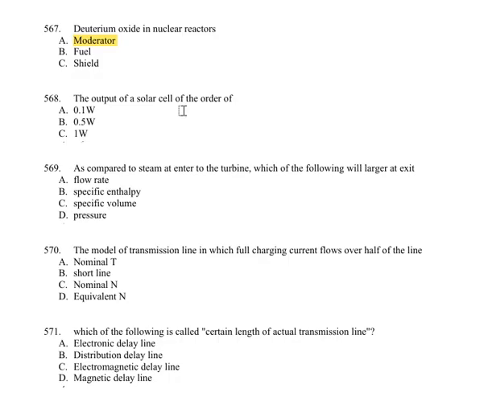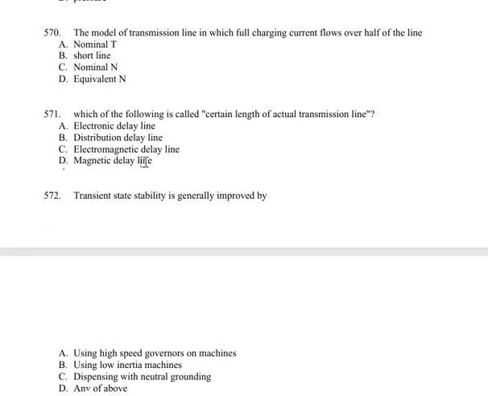Output of a solar cell is of the order of 1 watt. As compared to steam and air at the same time, which of the following will be larger in specific volume?